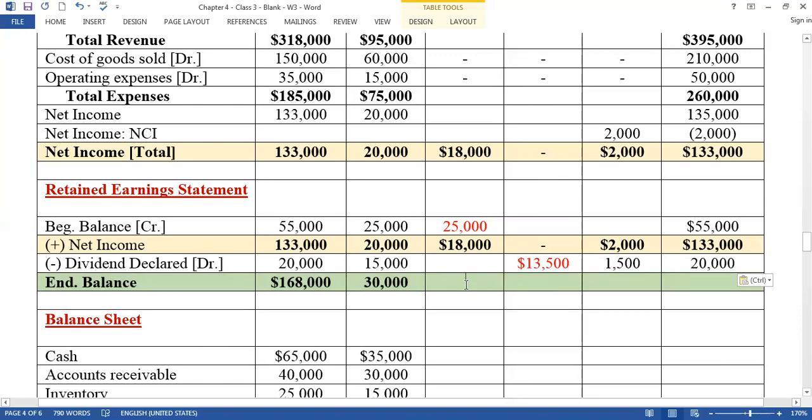It is $43,000. So this is also the total column actually. $43,000. Here is 13,500. What is the amount here?